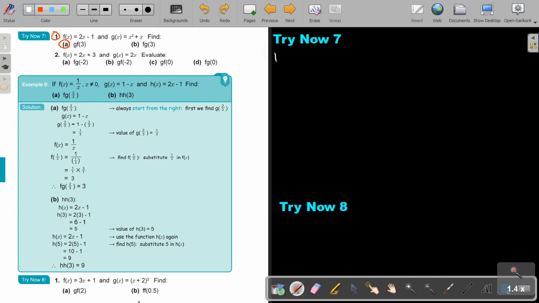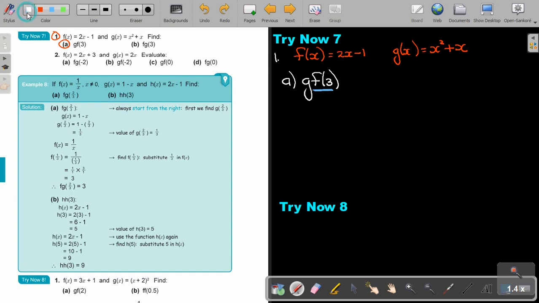Let's start. Number 1, A. Before I write A, I'm just going to write down the functions. So f(x) will be 2x minus 1 and g(x) will be x squared plus x. So if I start with number A and I have gf(3), now remember what I said, start from the back.